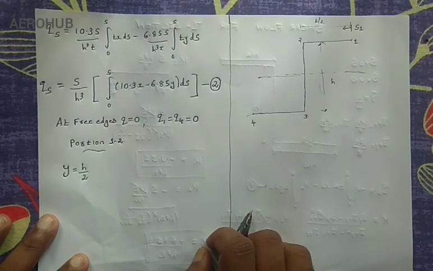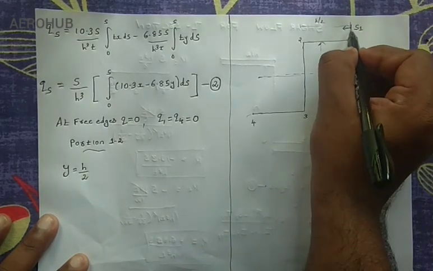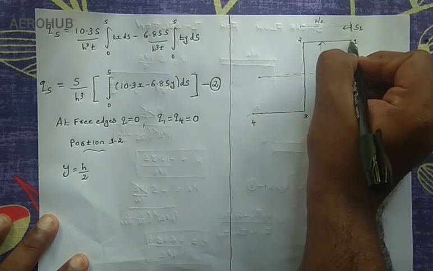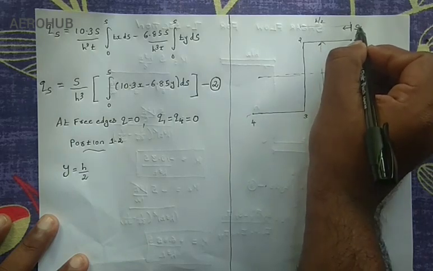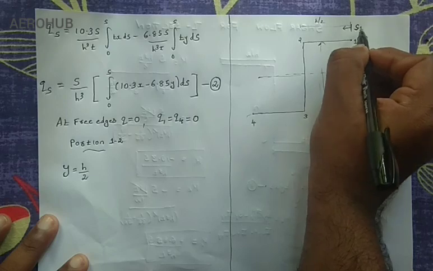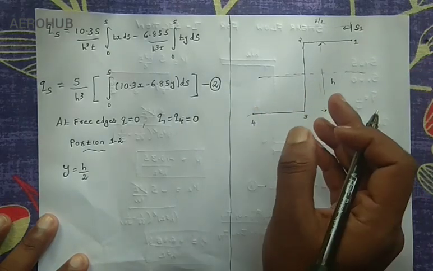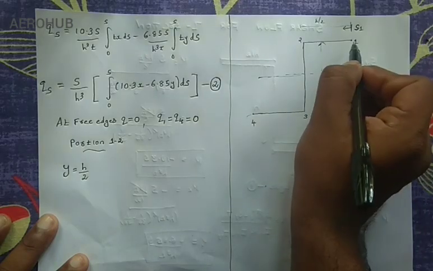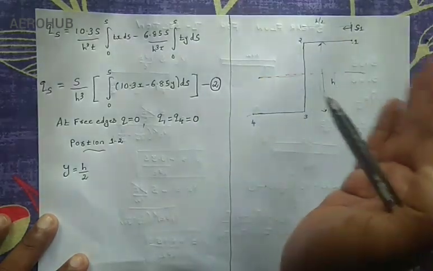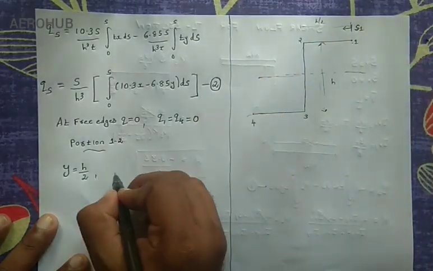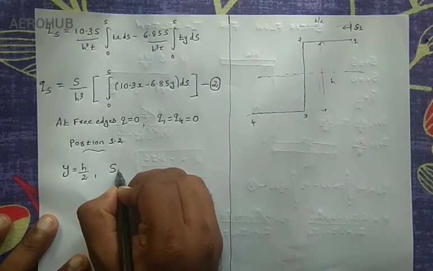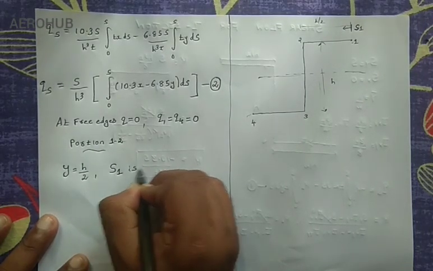Now we are introducing a shear flow from point 1. That is, for portion 1-2, we are introducing a shear flow S1 from point 1 to point 2, that is from right to left.